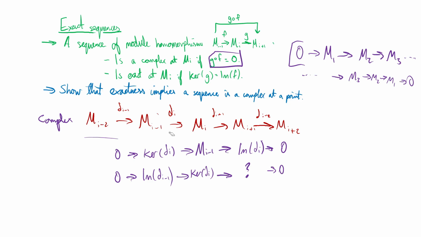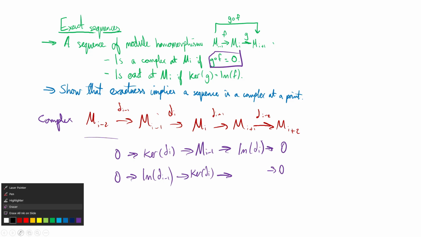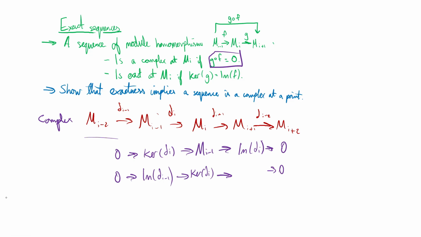But this is the homology at, well, here mi minus 1, but I've got my indices 1 off, but this is the homology at mi minus 1 here. I should really fix this, but I'm already at 70 minutes long.